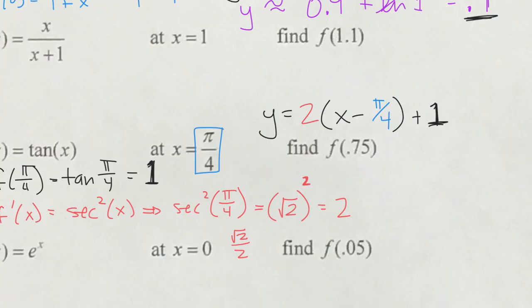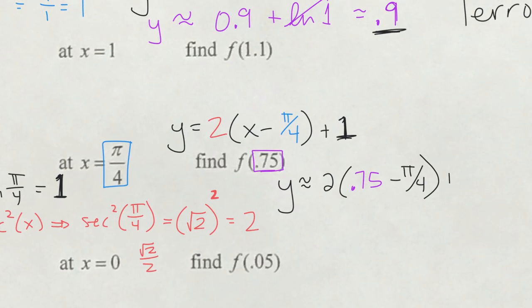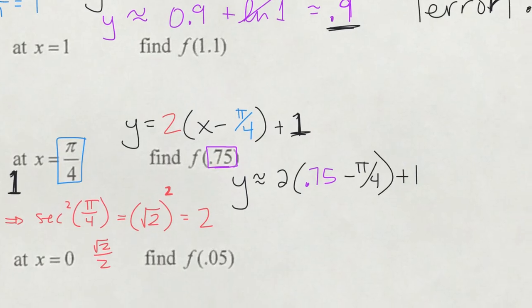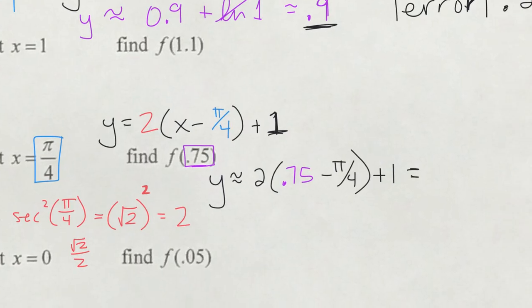So now let's approximate. Y is approximately 2 times, here's the value we're replacing x with, 0.75 minus pi over 4, that will be done in my calculator, plus 1. Okay, so I can write an equal sign here because I am going to find out what this actually equals when I plug it into my calculator.